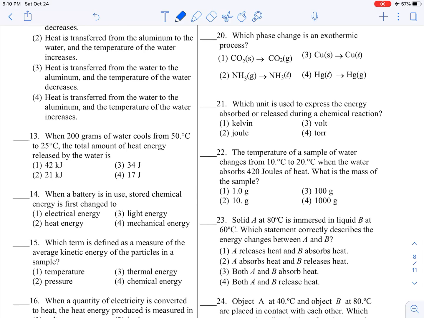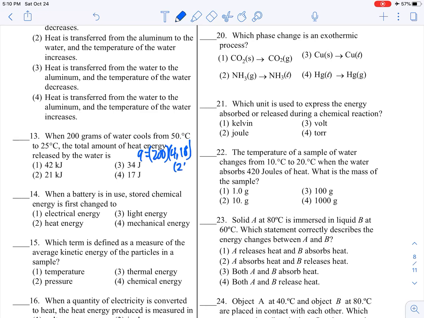When 200 grams of water, okay, so we've got Q equals mC delta T. So Q equals 200, 4.18, remember, that's on Reference Table B, 50 to 25. Normally it would be T final minus T initial, and you get a negative value. The way we get around it is it says released, so that's how they get around not saying a negative value.